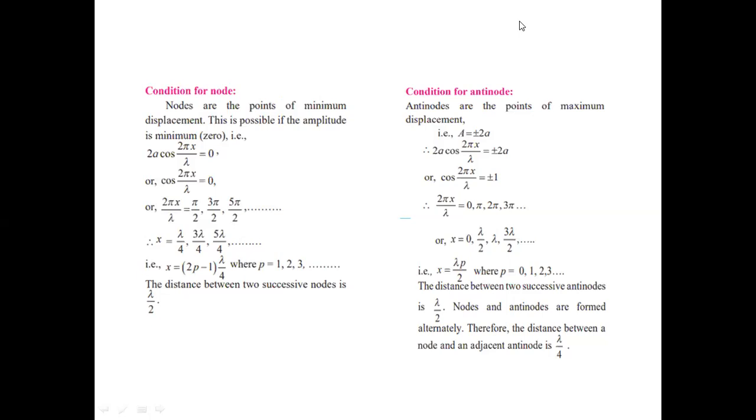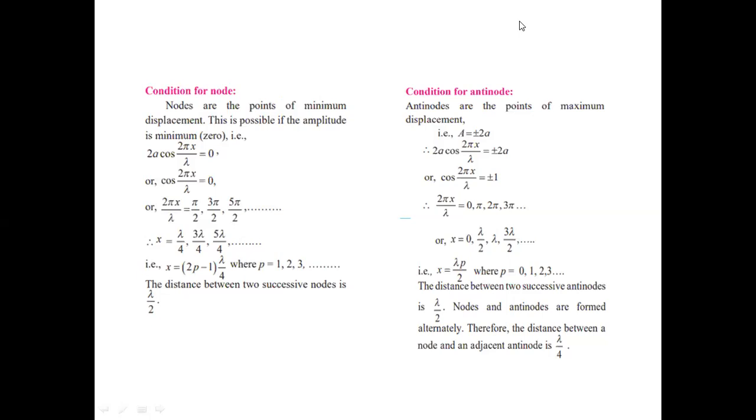The two antinode points are 3 lambda upon 2 and lambda. If we take the difference between these two, we get again lambda upon 2, which verifies that the distance between two successive antinodes is lambda upon 2.